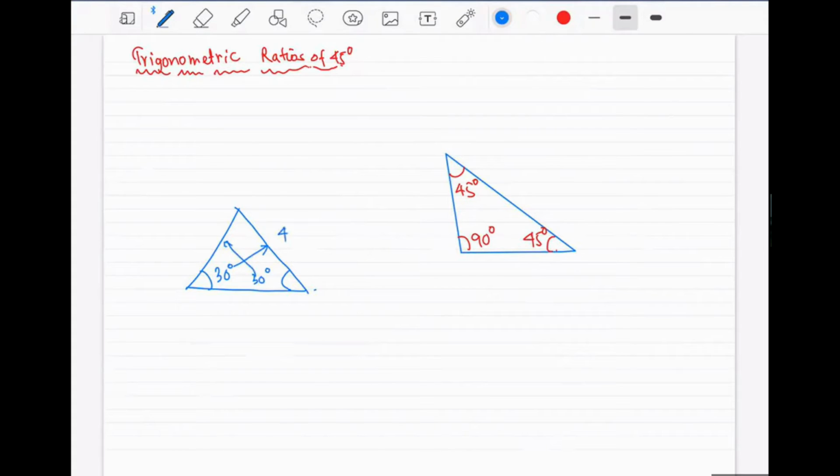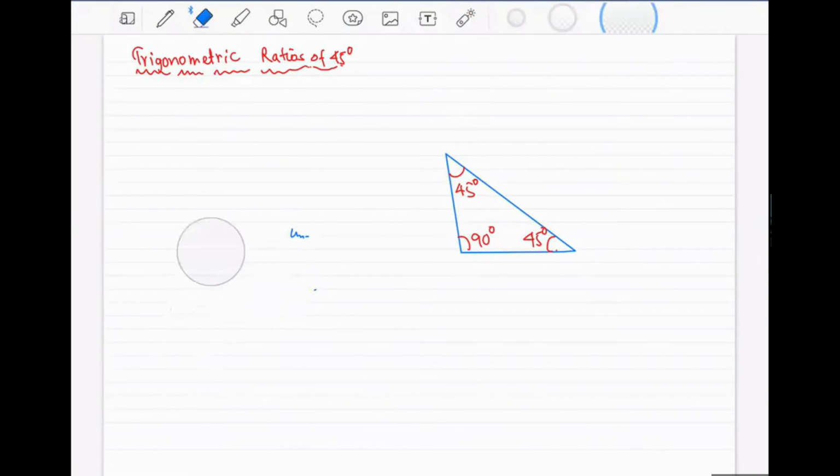If I make this 4 centimeter, the other one will also be 4 centimeter. You can make these two to be 60 degree. Still, if the two angles are equal, the sides opposite to these angles will be equal.